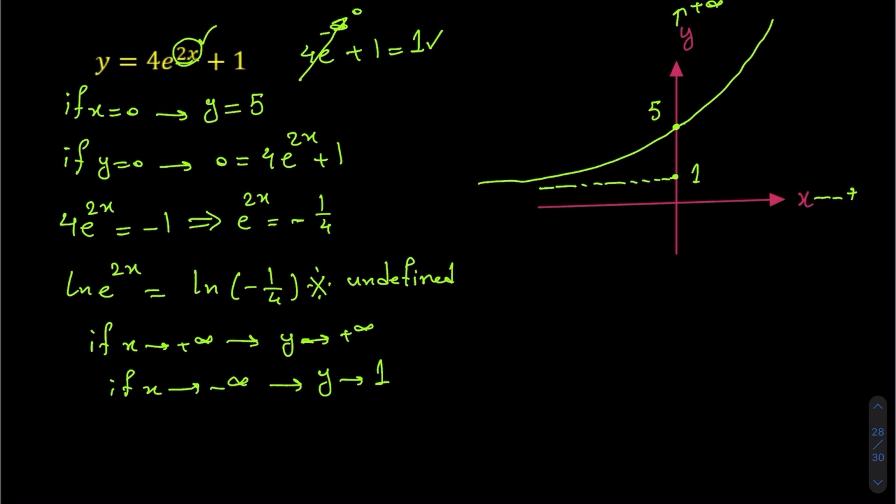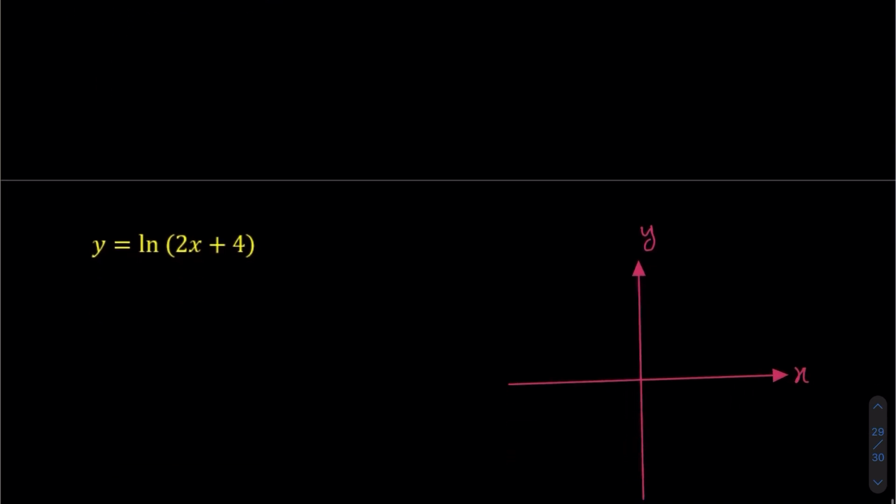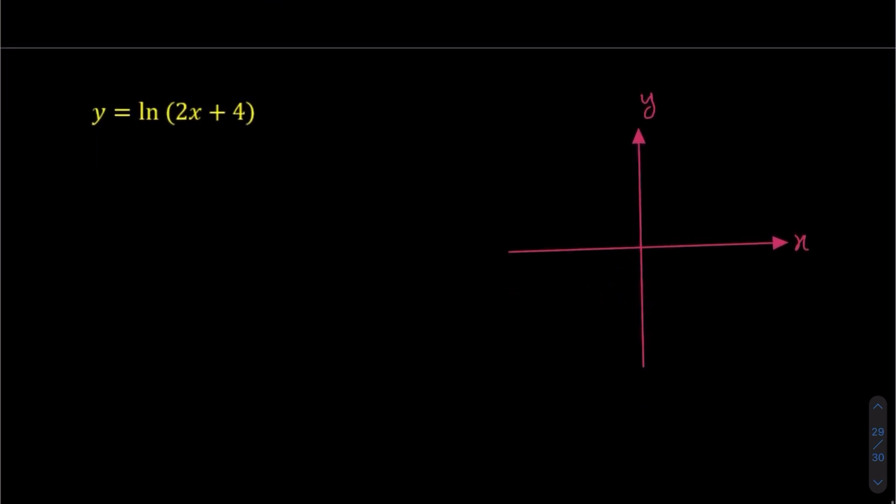Right, because on that side it goes to infinity, both x and y, and here on the left side, as x goes towards larger numbers in the negative part, y gets closer to 1, right? But now let's move on to logarithmic equations, and let's see how we can draw the graphs of these equations.